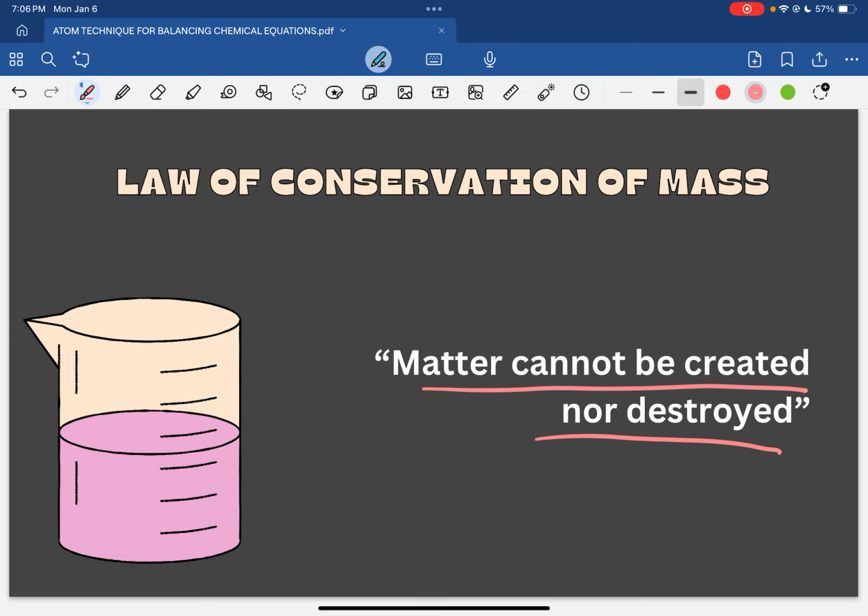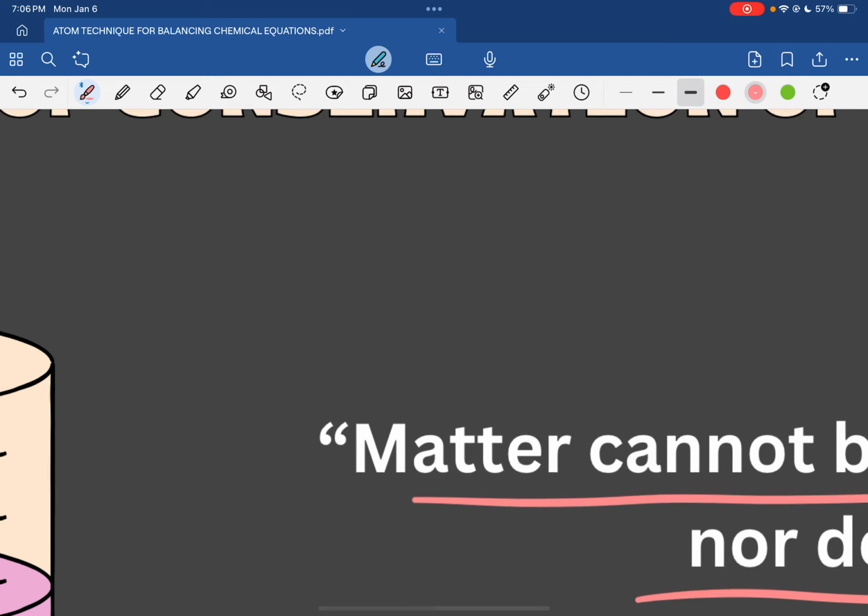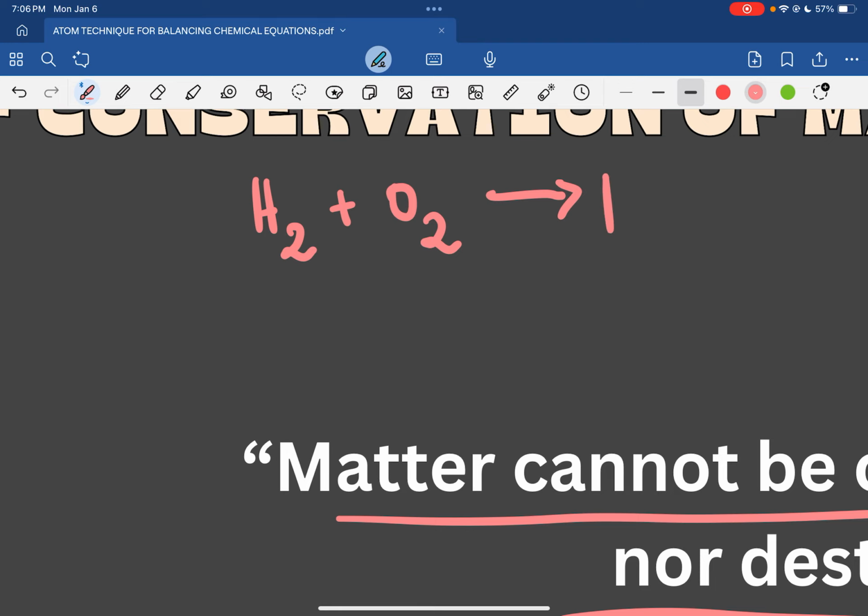So for example, we have hydrogen reacting with oxygen. The product will be water, which is H2O. According to this law, the number of atoms per element must be equal.